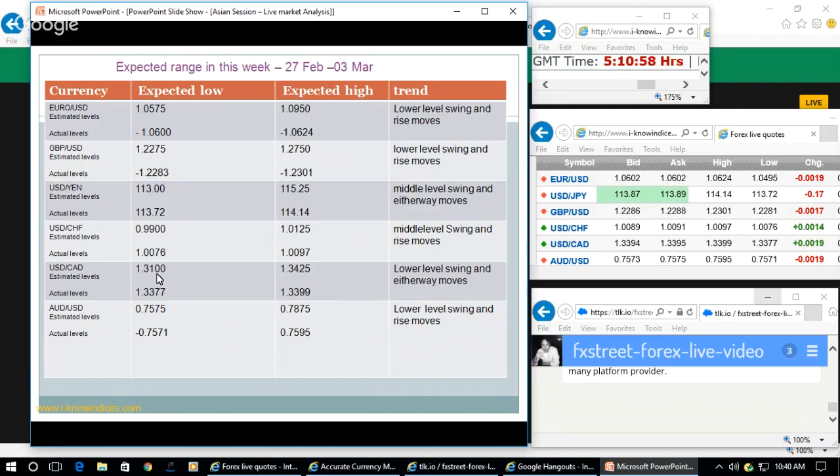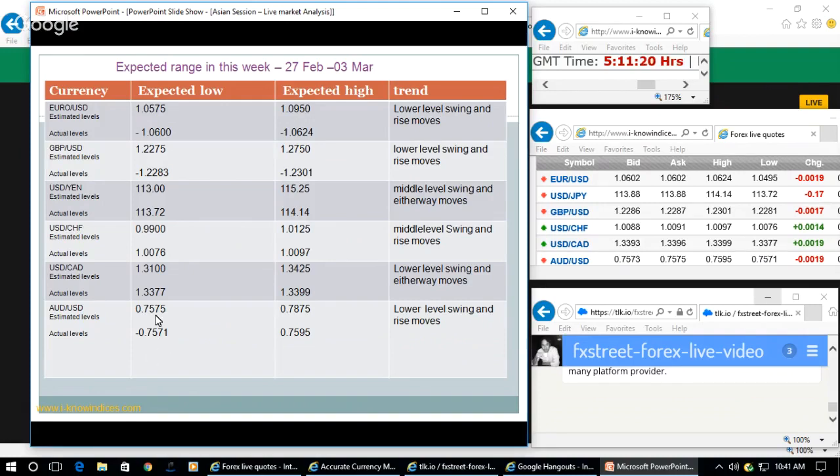Then in the case of Canadian dollar, they could make the swing from the 1.31 area to 1.3425. So far they have gone up to 1.3399. On Friday they went above 1.34, and they are expected to come down to 1.31, and so far they have come down to 1.3377.